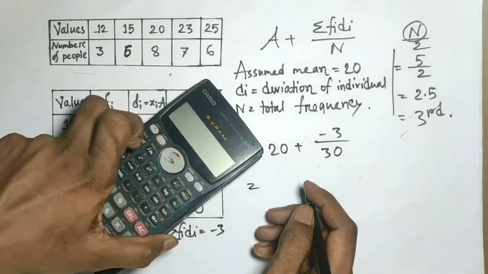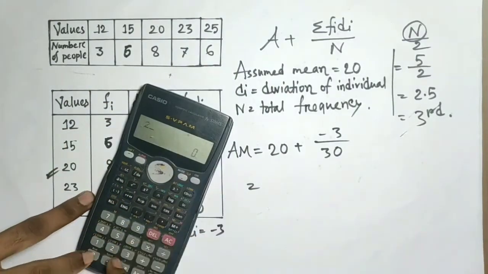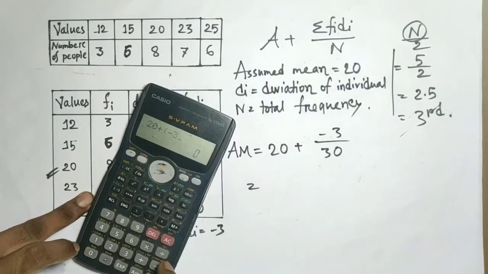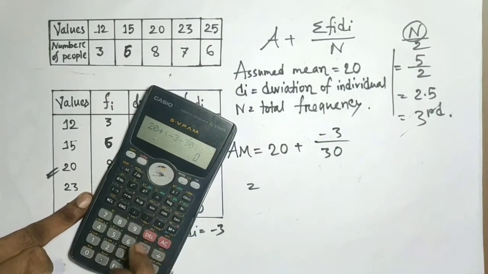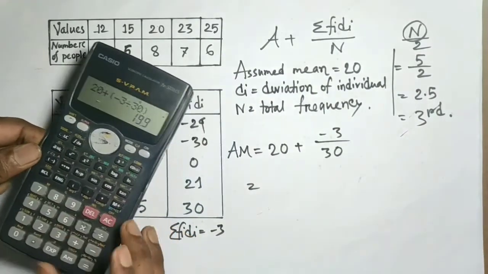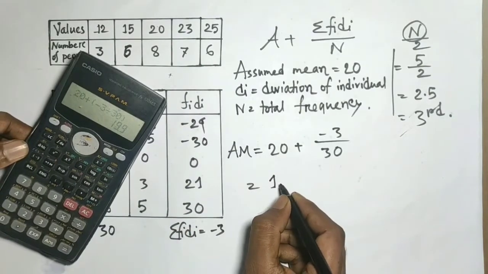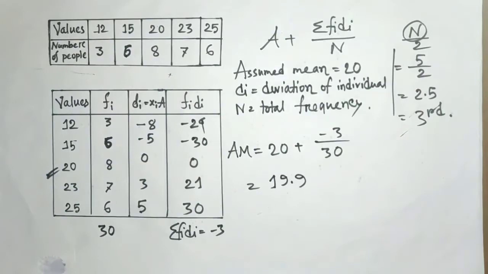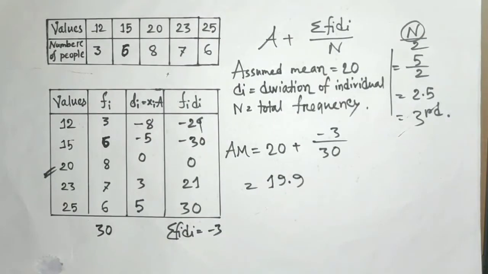So the result will be 20 plus minus 3 divided by 30, and that is 19.9. That means the result of the arithmetic mean for a discrete series will be the same for all the methods.